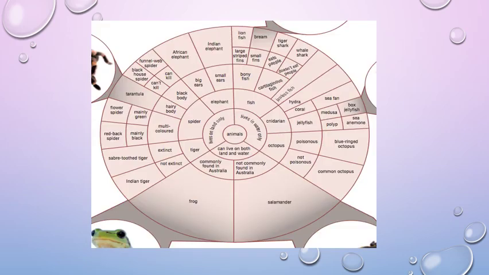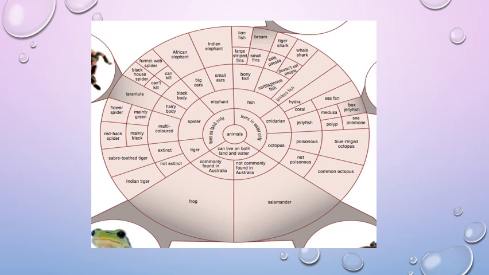Here we have an example of a circular key. As we have studied in the previous slide, circular keys run from the center to the outward direction. So look in the center of this circle, it is written here the animals, and this word is divided into 3 possible categories: lives on land only, lives in water only, and can live on both land and water.